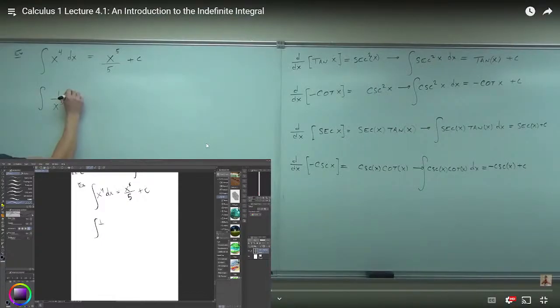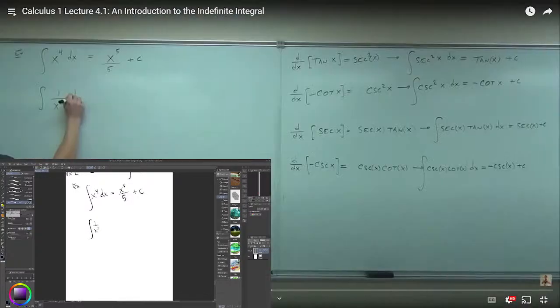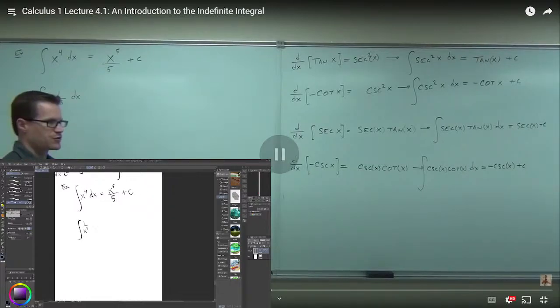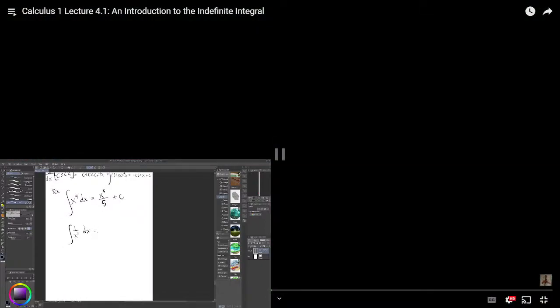Ooh, let's try this one. Notice how I have... Okay, you can rewrite this as x to the negative 3.